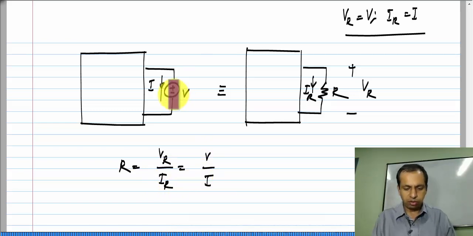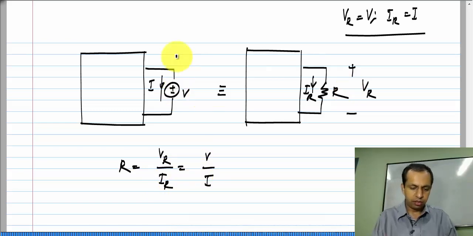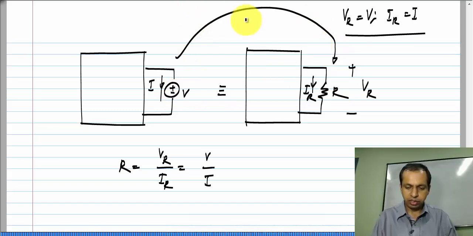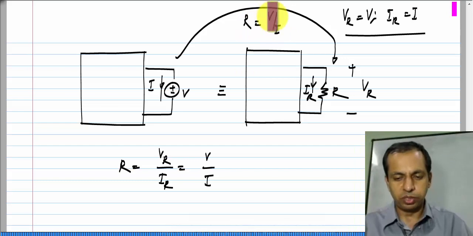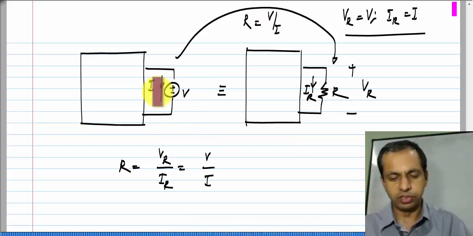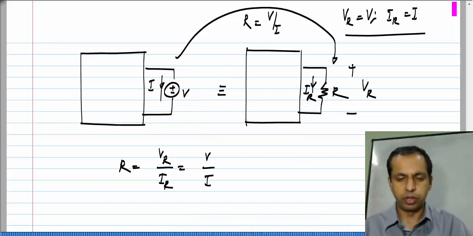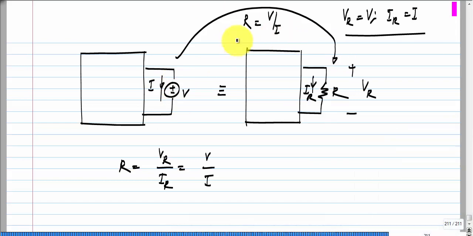So, when I substitute a voltage source with a resistor, I have to substitute with a resistance whose value is V by I, where V is the value of the voltage source and I is the current through the voltage source with the appropriate sign convention, the passive sign convention. Okay. And again, we will say that this has to be done only if R is greater than 0.